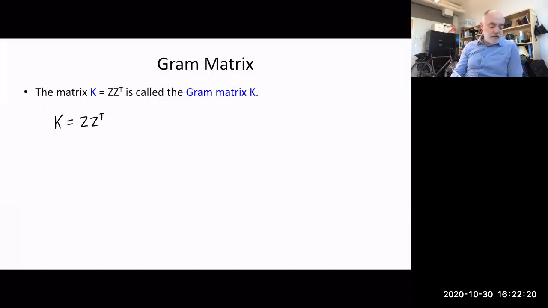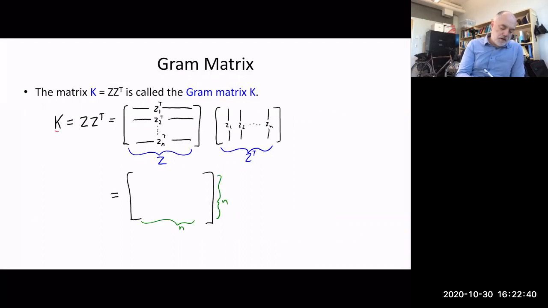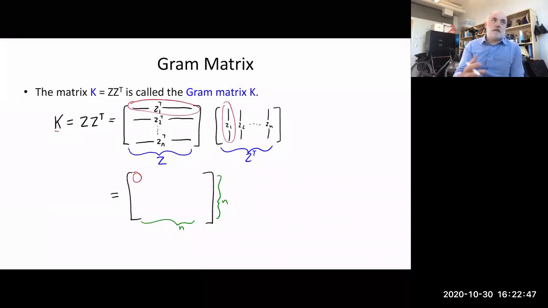Some nomenclature. The matrix K equals Z times Z transpose is called the Gram matrix K. Let's think about what K is made up of, and this is really important. How do we fill this in? We take this vector and this vector, so this is just the basis vectors and the expanded basis.